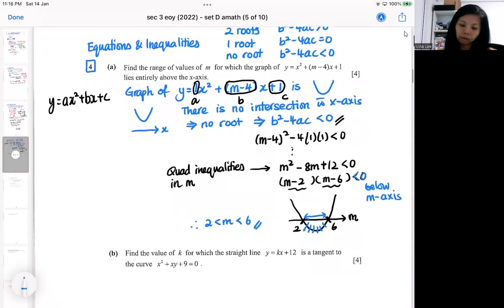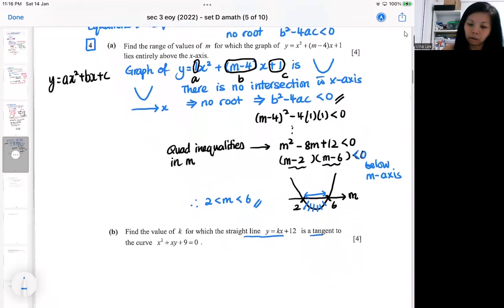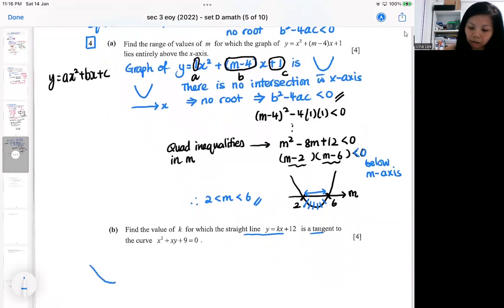The next one, part B, you may not see that it's a kind of root, but if you recognize that this is a straight line being a tangent to a curve, it looks like this. A straight line being a tangent means that you will touch.